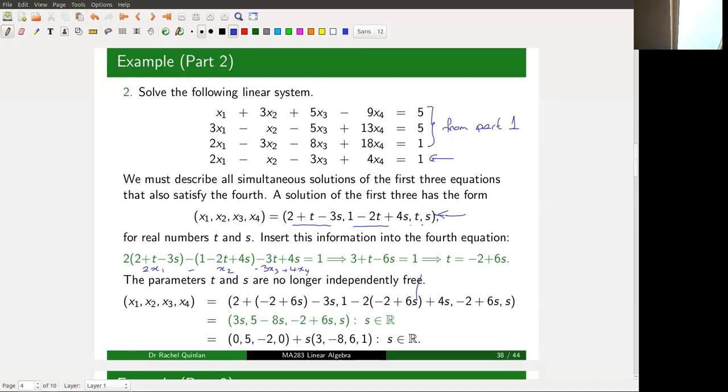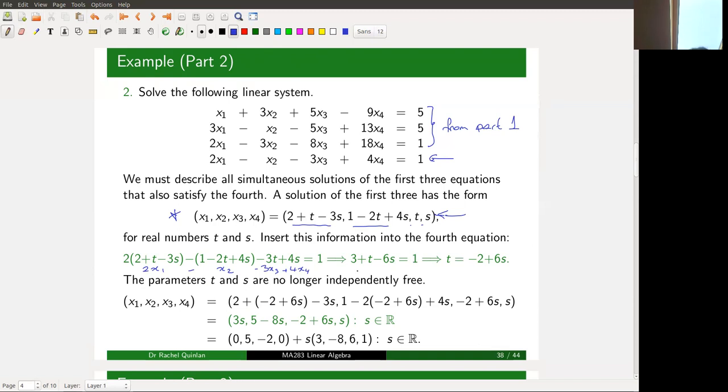So then we get an expression involving s and t, which must be equal to 1. It turns out to be 3 plus t minus 6s must be equal to 1 in order for the solution of the first 3 equations that's described here to also be a solution of the fourth one. So that means that the parameters s and t are no longer independently free.